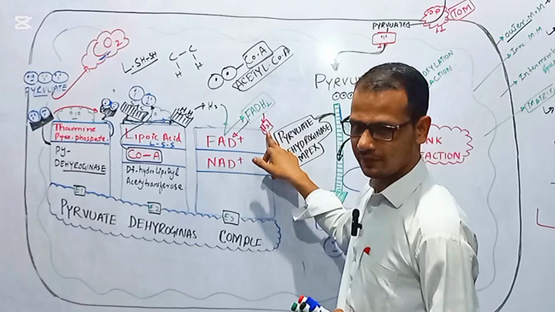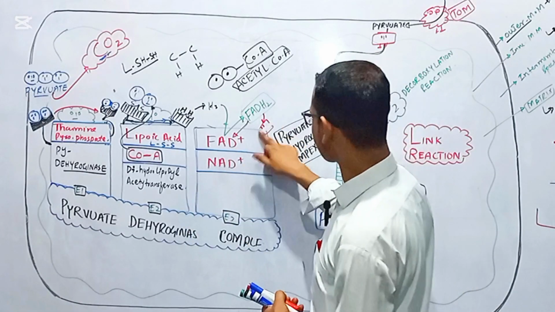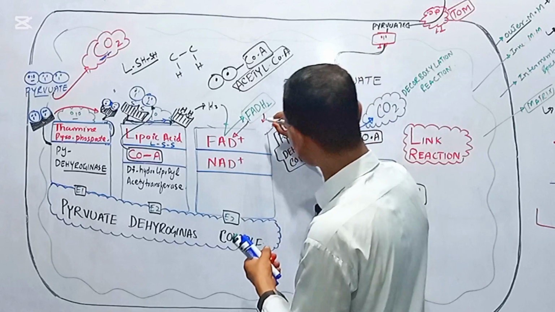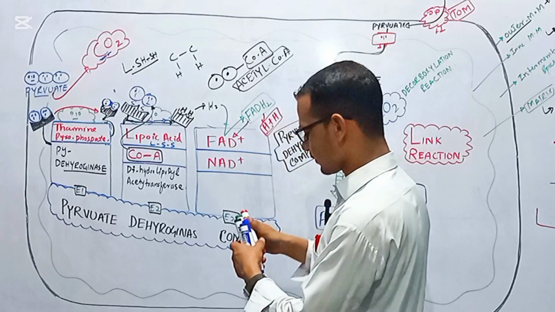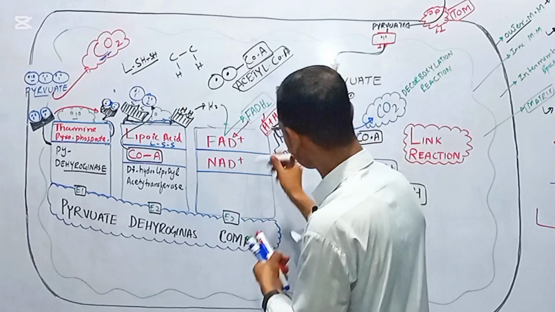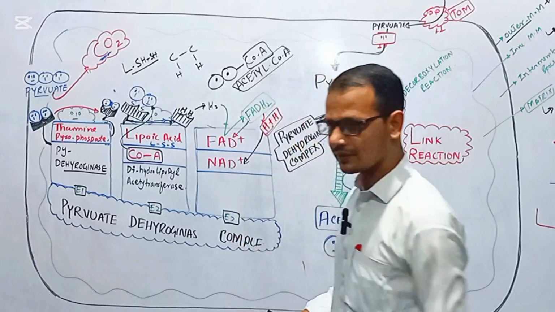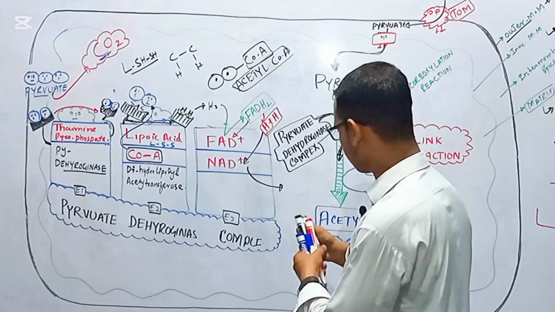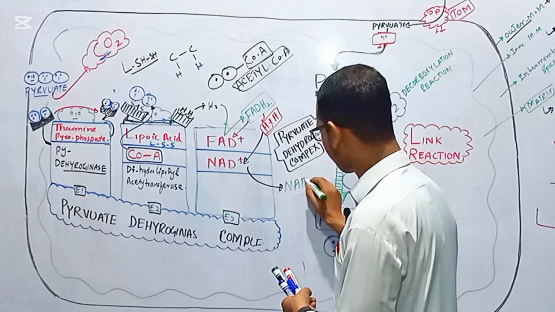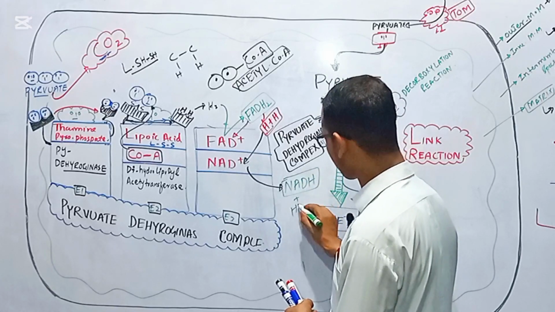There are two hydrogen, remember, H plus H, because it lost two hydrogen. One of the hydrogen will react with this NAD. It will react with this NAD and it will form NADH, NADH plus one proton.